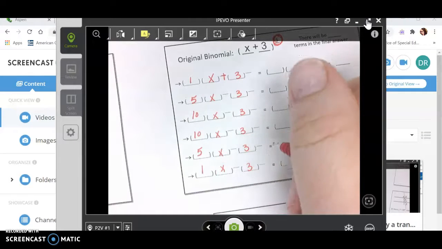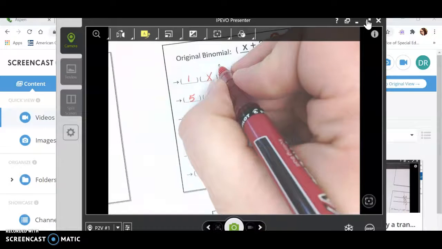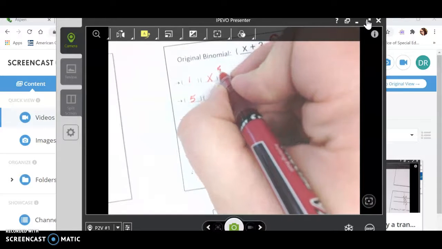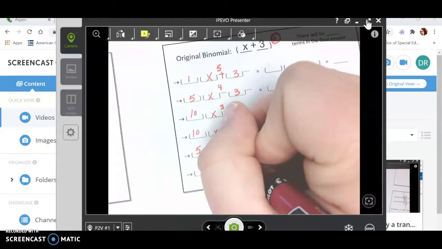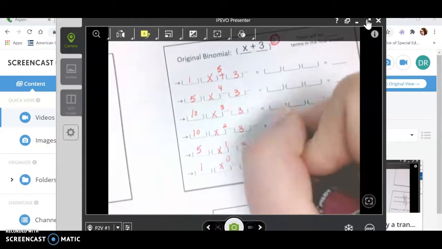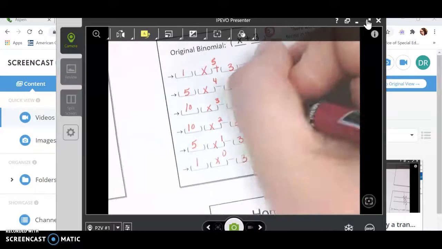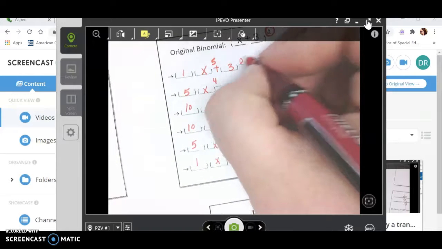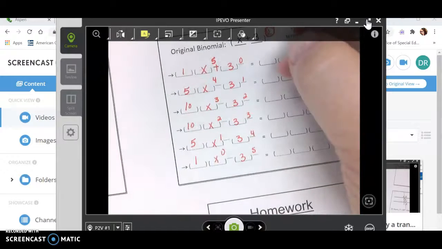Okay, so how we fill in, you need to fill in the exponents, okay? So I'm going to start with 5 and work my way down. 5, 4, 3, 2, 1, 0, same thing. 5, 4, 3, 2, 1, 0, and then this part you are just multiplying it out.